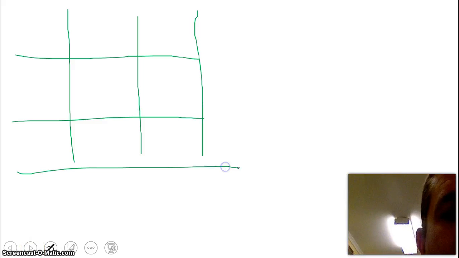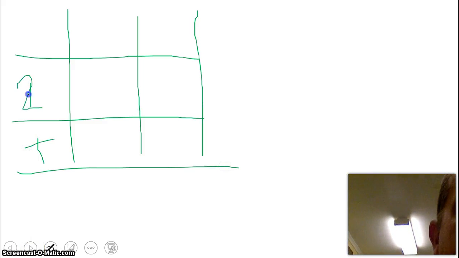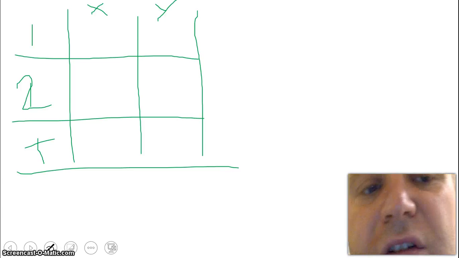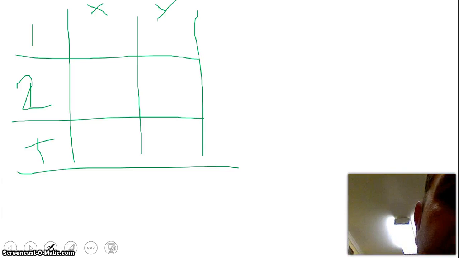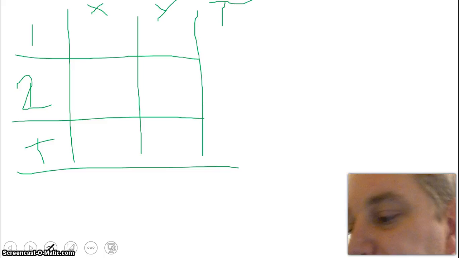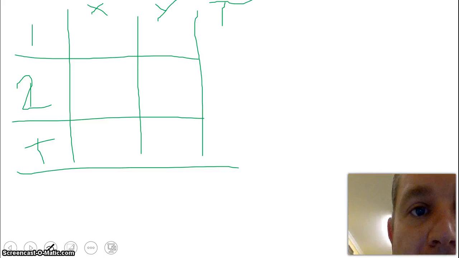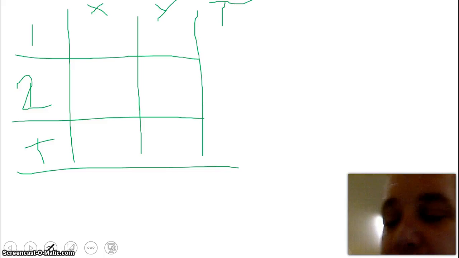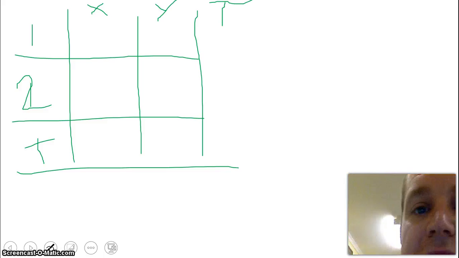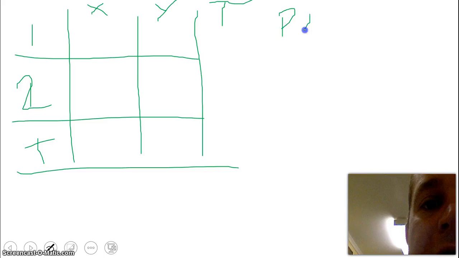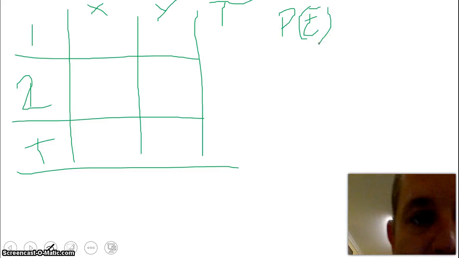Total, week 1, week 2, X and Y, and the total for that one. So, we need to work out what is the probability that it will be brand X. Probability, of course, we like to do in percentage. When we did probability, the probability of an event is the number of times it happened.